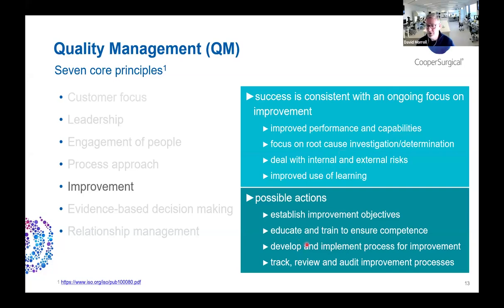So we want to educate and train to ensure people are competent, but we also want processes in place to drive improvement. And we need to track, review and audit improvement processes, and we'll touch on that in some more detail later on. But let's look at improvements and let's look at root cause analysis.